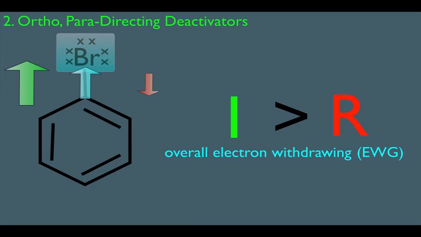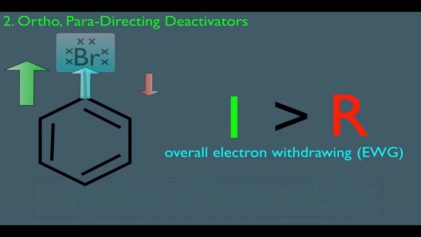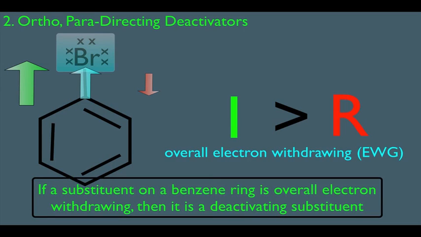Well, remember we learned in the previous online lecture that if a substituent on a benzene ring is overall electron donating, then it is an activating substituent. But that's not what we have in this case. Here, the Br is overall electron withdrawing. So if a substituent on a benzene ring is overall electron withdrawing, then it is a deactivating substituent.